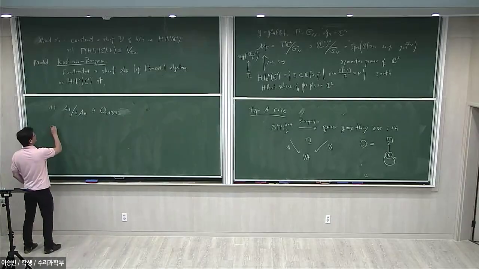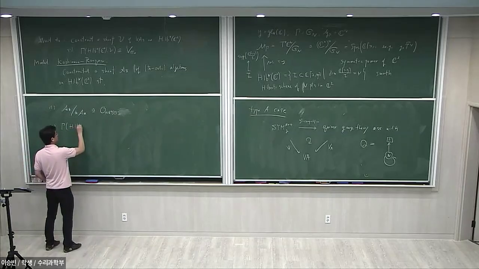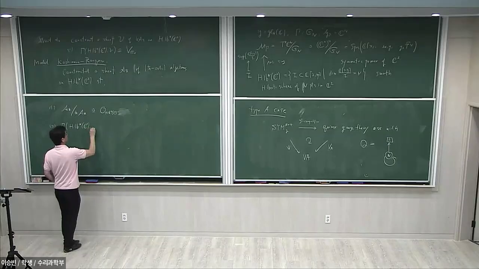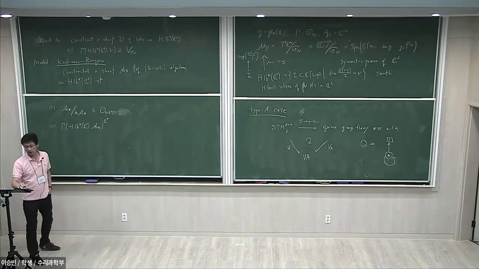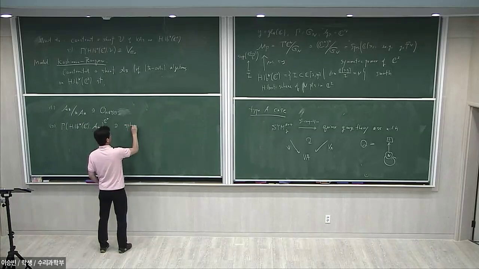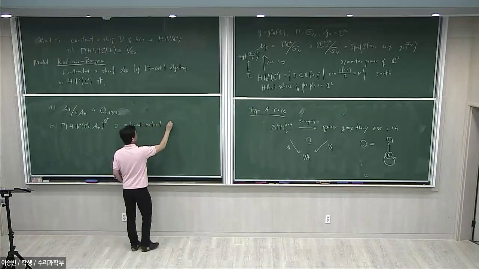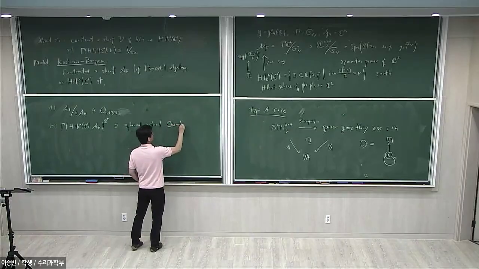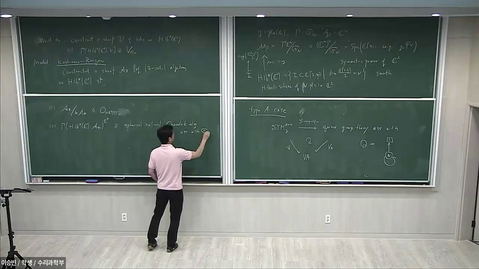And then the global section of this sheaf, where I consider the invariant part to get rid of h-bar, is isomorphic to the spherical rational Cherednik algebra associated with the symmetric group.